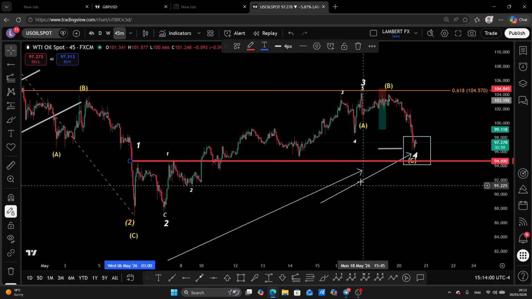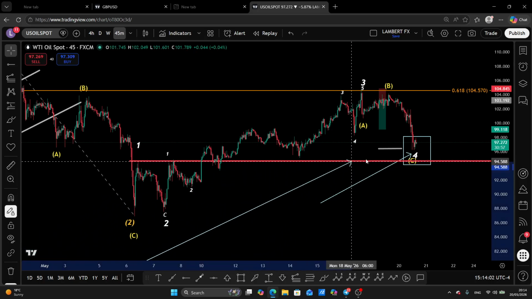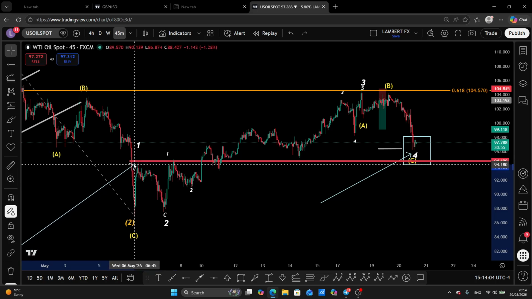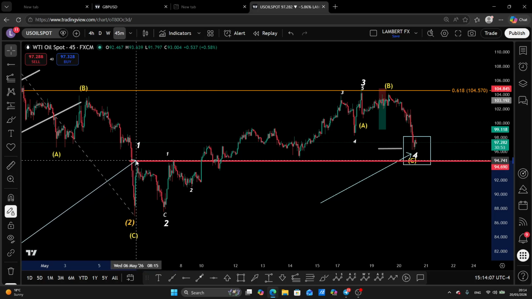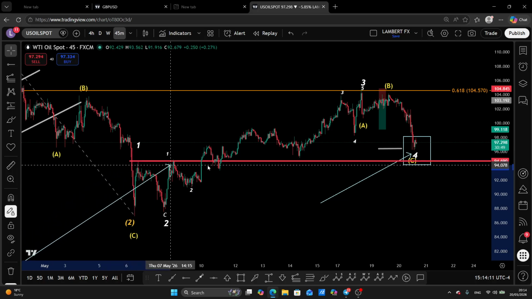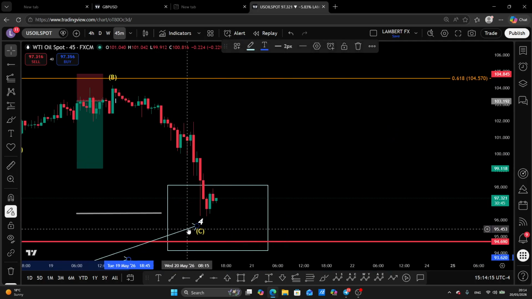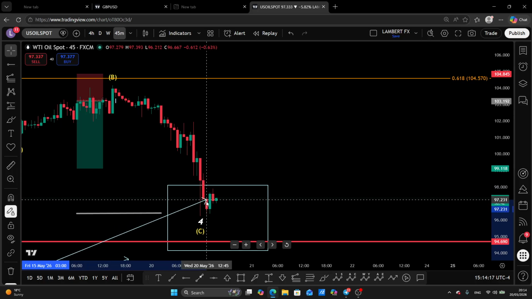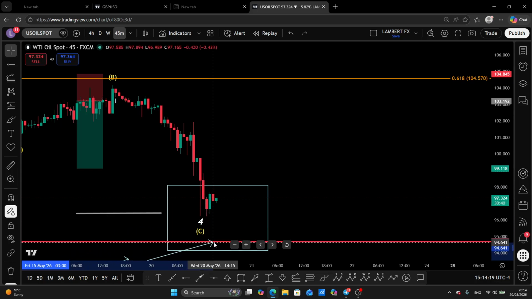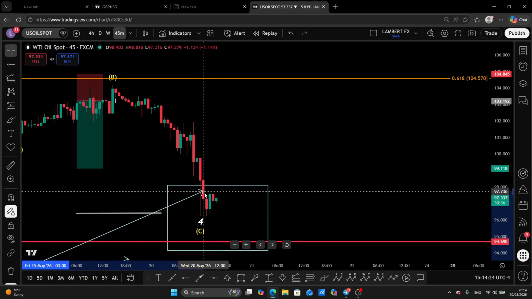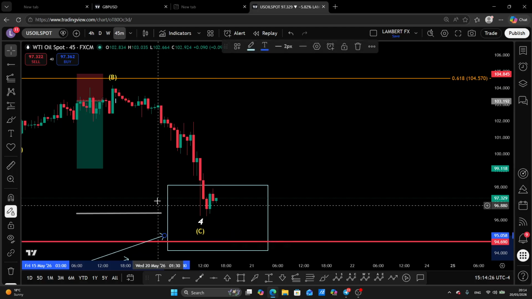This 4 here should not trade anywhere near this red line. This is where the 1 completed. So according to the rules, we must not see a drop down to this red line, this horizontal line.